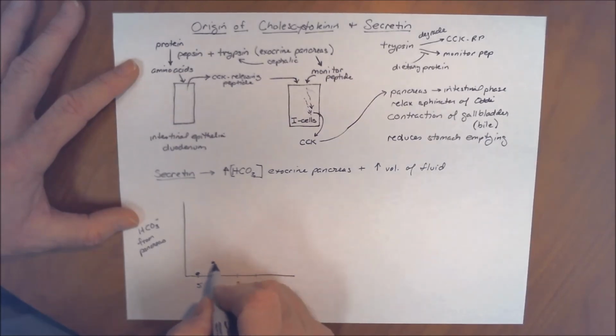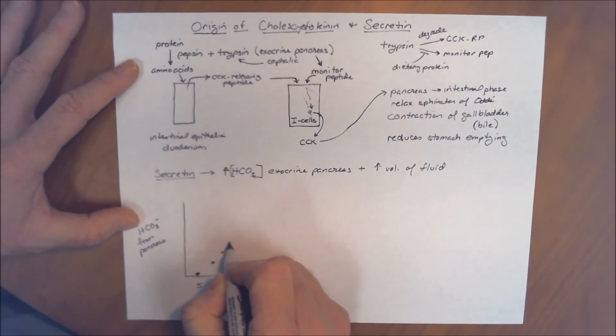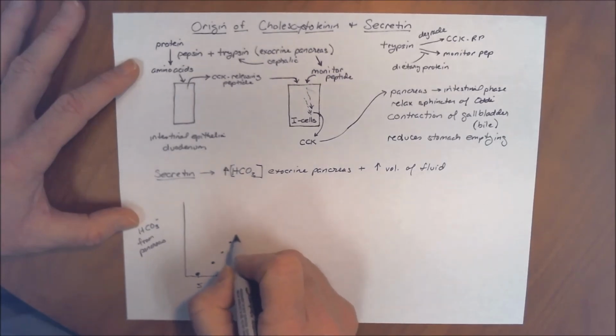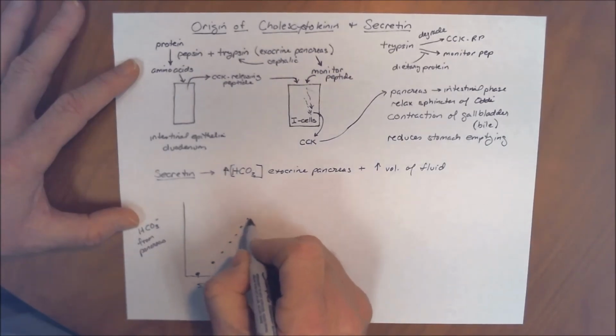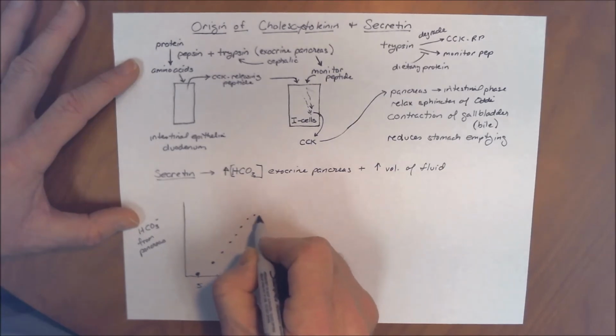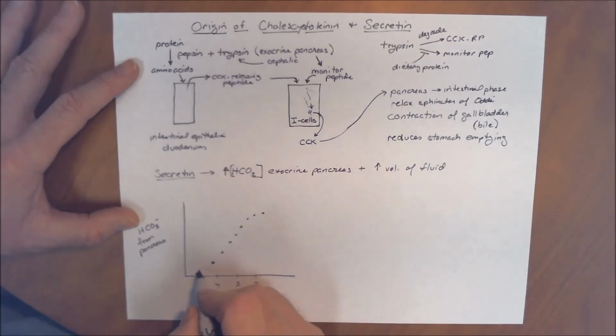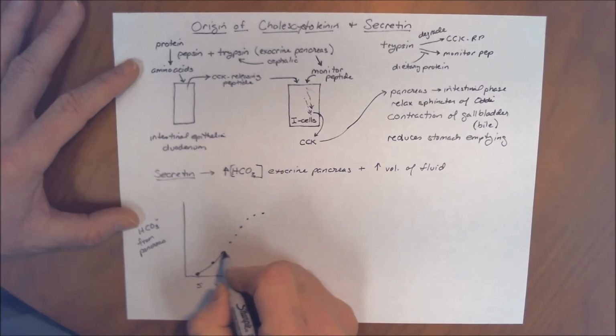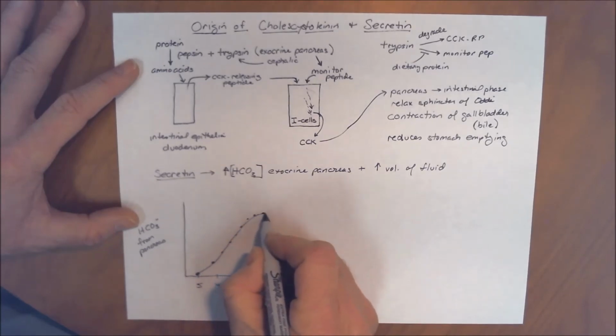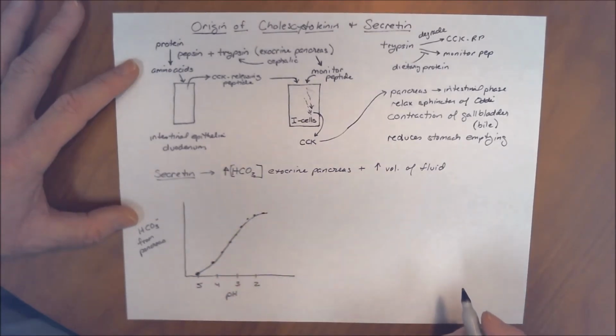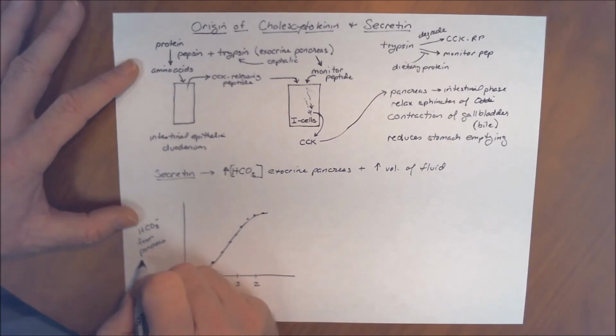As our pH starts to decrease, meaning more acid in the solution, we see that the rate of bicarb appearance in the duodenum begins to increase.